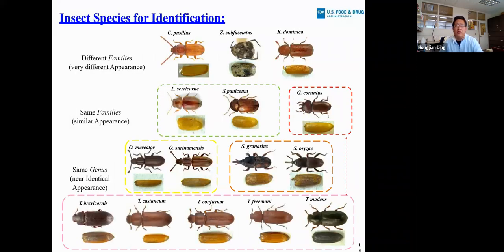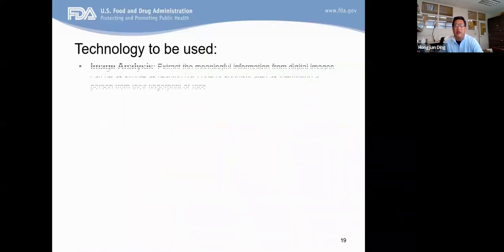So we select 15 different storage pests, some at a different family level, and some within the same family and also the same genus but different species. That's all 15 very common storage pests. So we collect all of them, take the elytra and take the image.